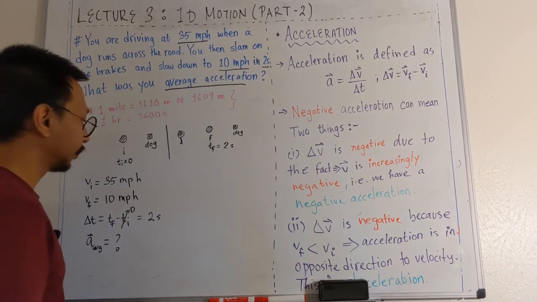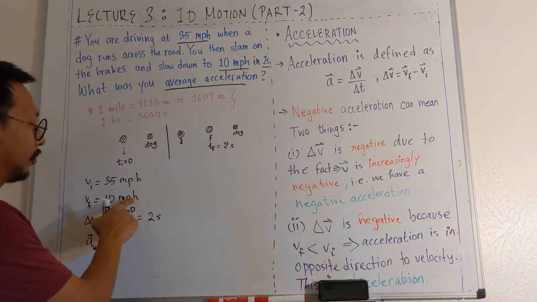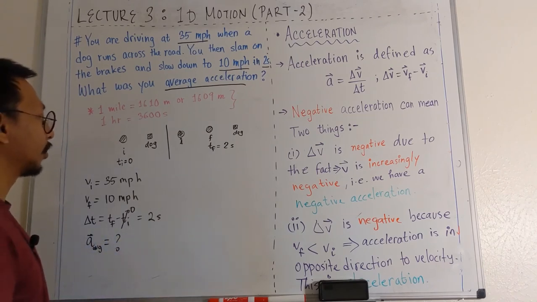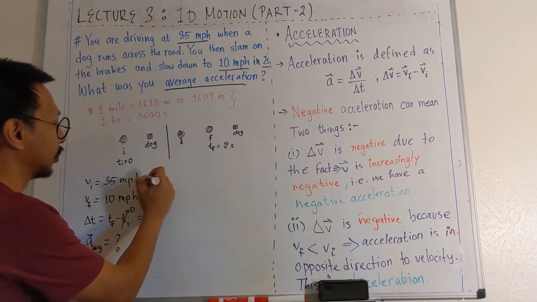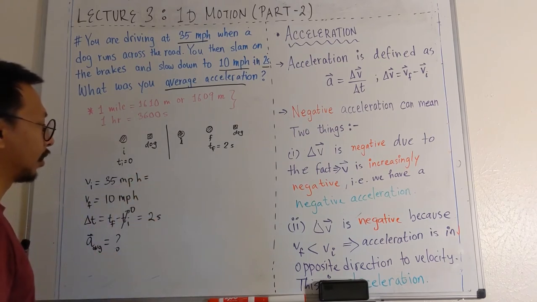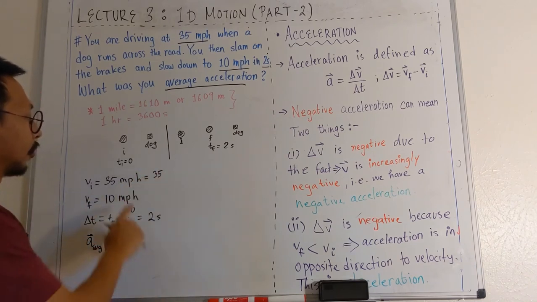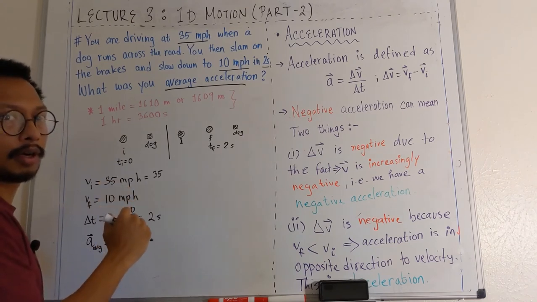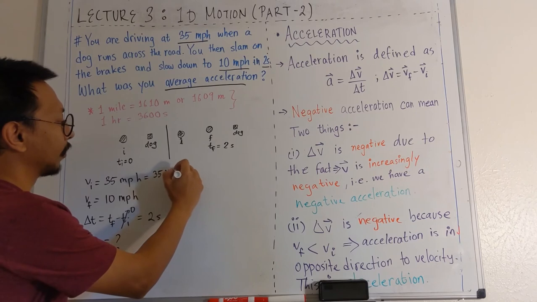Now we see that here we have hours, but the time is given in seconds. So it is better for us to convert from the beginning to SI units. So 35 miles an hour would be 35, and you're going from miles to meters, so bigger to smaller, so you multiply by the conversion factor.